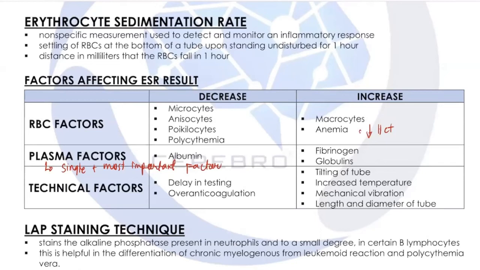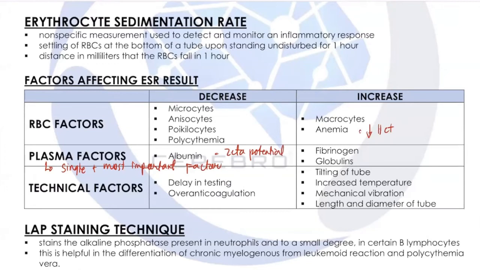Now we have here albumin. Why is it that albumin is decreasing ESR? As what I've mentioned, Rouleau is very important for sedimentation to happen. And the thing about albumin, remember that albumin is responsible for the zeta potential. The zeta potential is the force that makes our red blood cells repel each other.